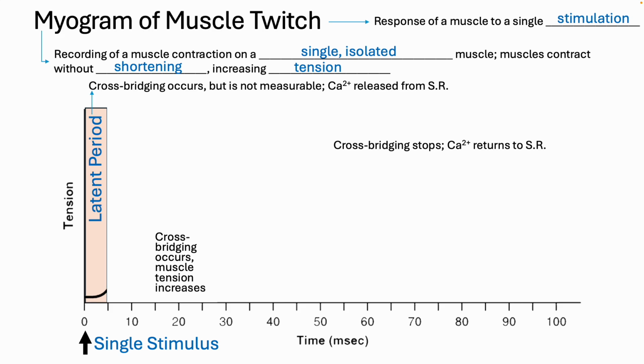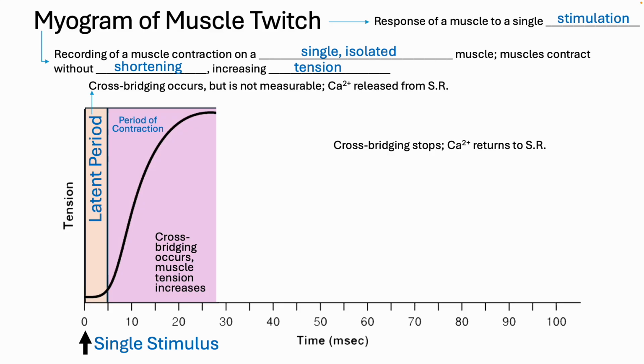This is the latent period. Then eventually over time, because it takes time for cross-bridging to occur and for muscle tension to actually happen, the tension then becomes measurable as calcium is released from the sarcoplasmic reticulum.